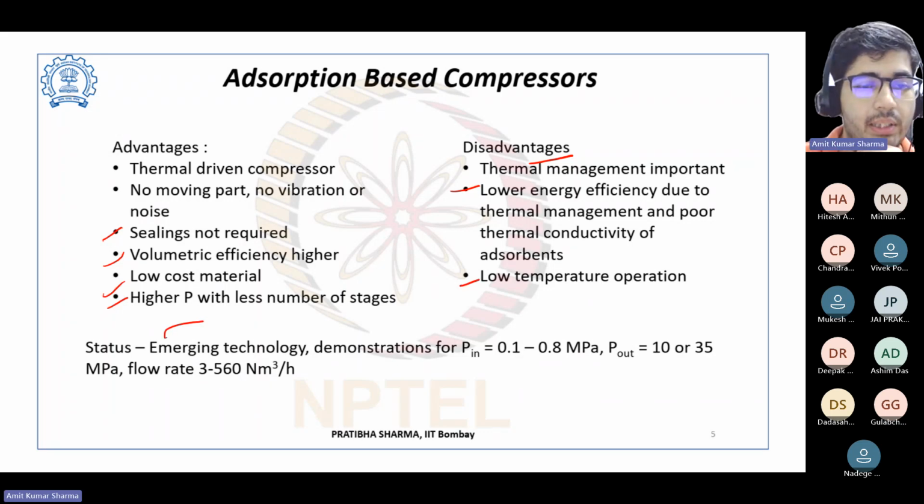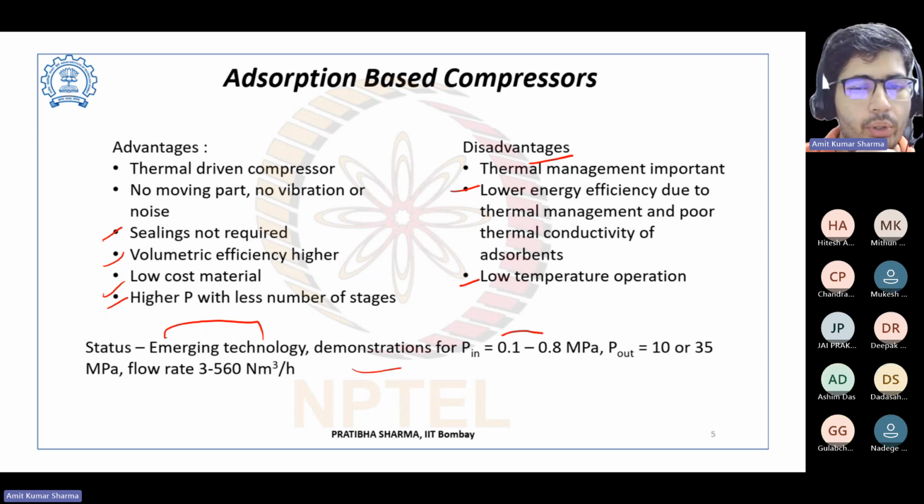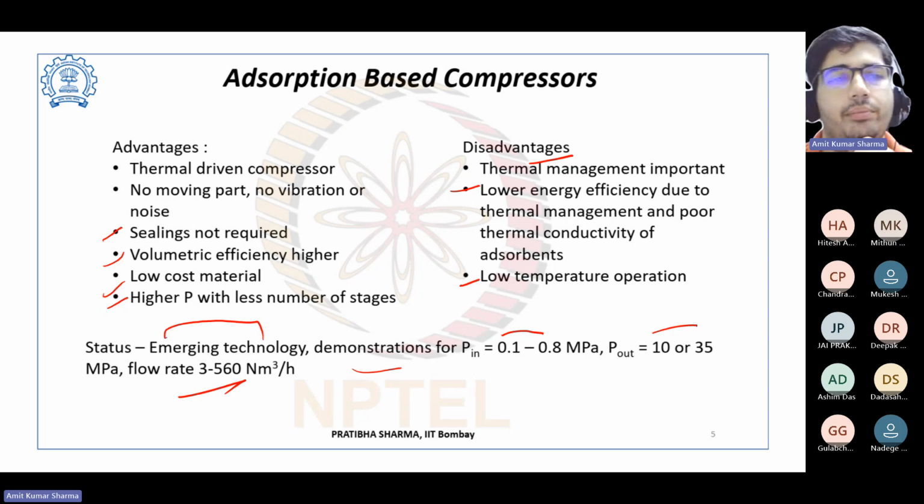So it's an emerging technology. There is a demonstration of input pressure 0.1 to 0.8 megapascal, output 10 to 35 megapascal, with a flow rate of 3 to 560 cubic meter per hour.